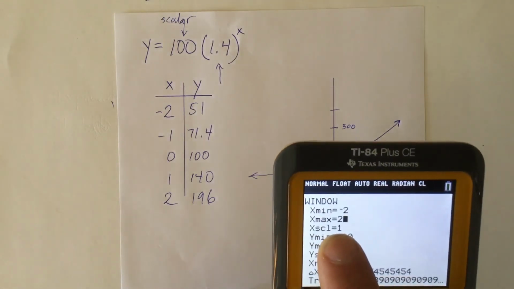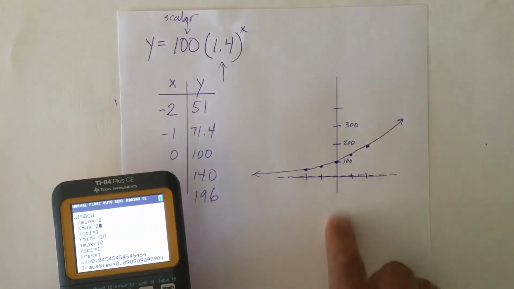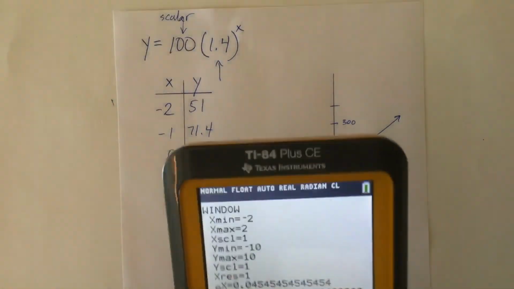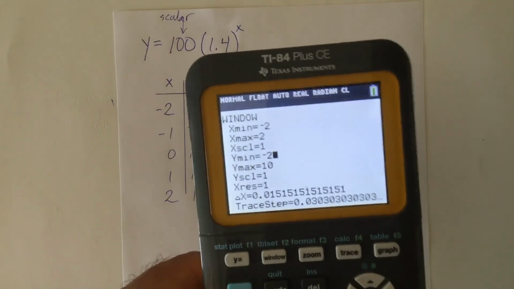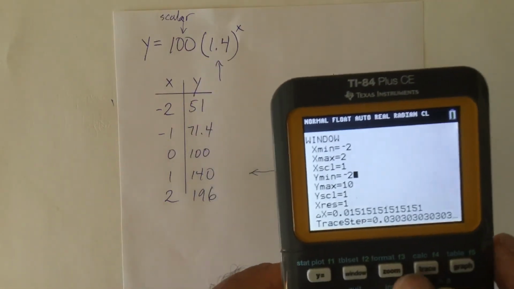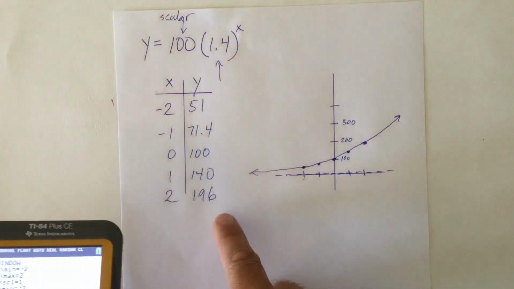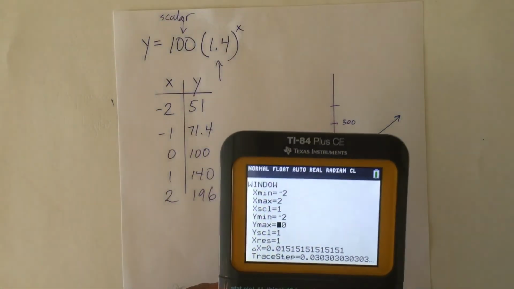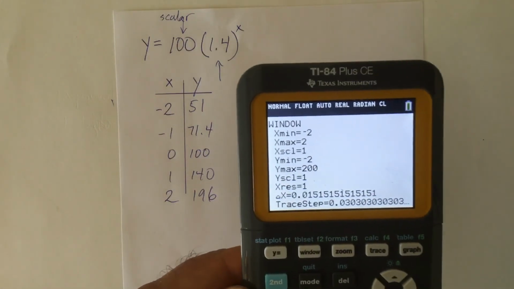It's still 1, but I don't have anything below the y. I have an asymptote. There's nothing down here. So I'm just going to give it a little sliver of light there. I'm going to say -2 and delete that, 0. And then y max. Well, what's the highest value I got out was 196. So I'm going to make it 200.